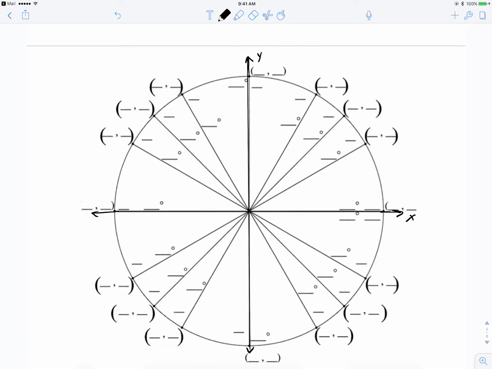Now, the equation of the unit circle is x squared plus y squared is equal to 1. That's because this is a circle whose center is at the origin, and the circle has a radius of 1. That's why it's called the unit circle.